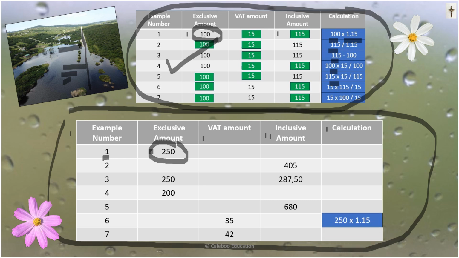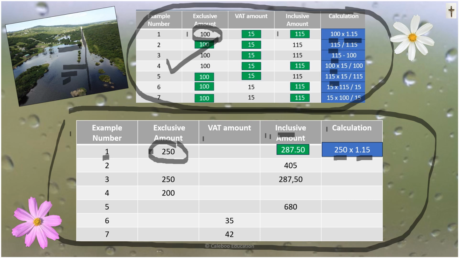I say 250 multiplied by 1.15 is going to give me the inclusive amount, and the inclusive amount is 287 Rand and 50 cents.